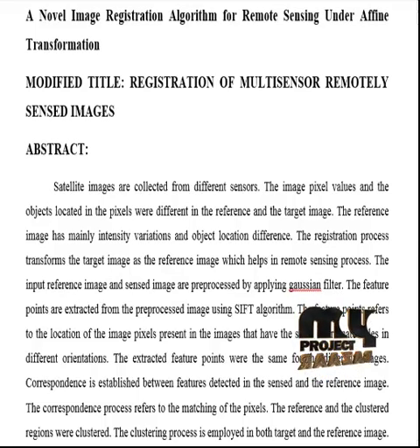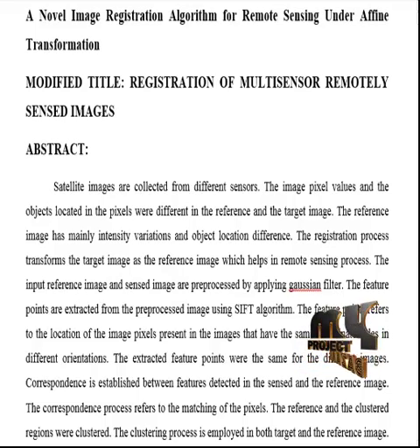The identification of the correct matching pixels will give the pixels that need to be modified in the sensed images. The sensed image is transformed similar to the target image by piecewise transformation of the pixels from the sensed images to the reference images.